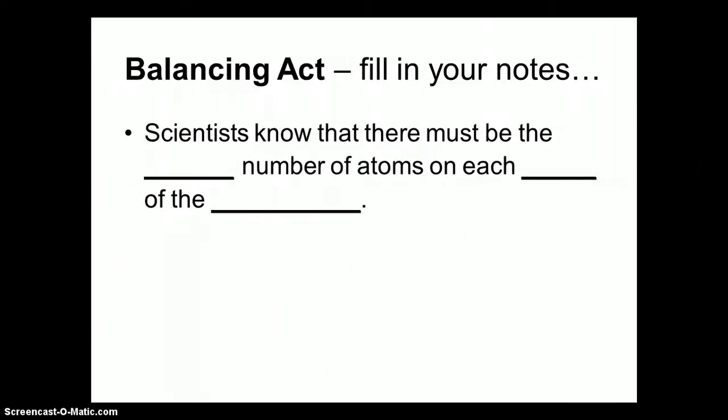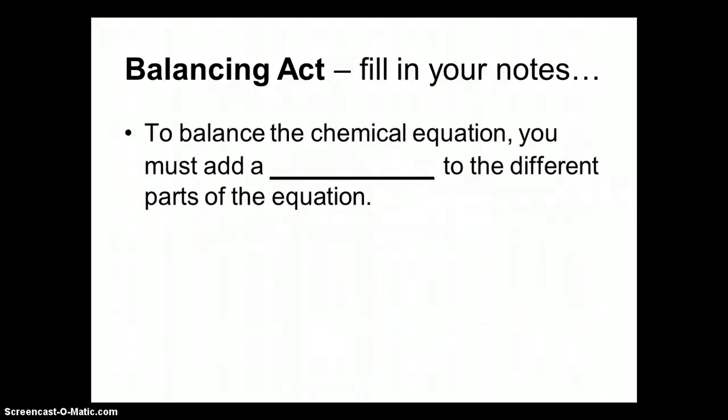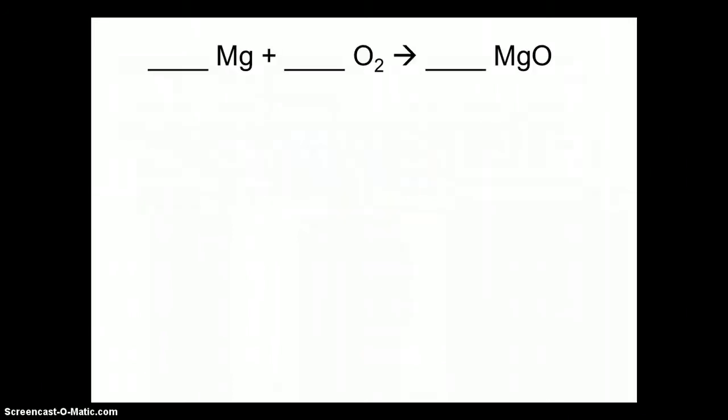Scientists know that there must be the same number of atoms on each side of the equation. Next, to balance the chemical equation, you must add a coefficient to the different parts of the equation. And you can pause and go back on these parts to write them down.